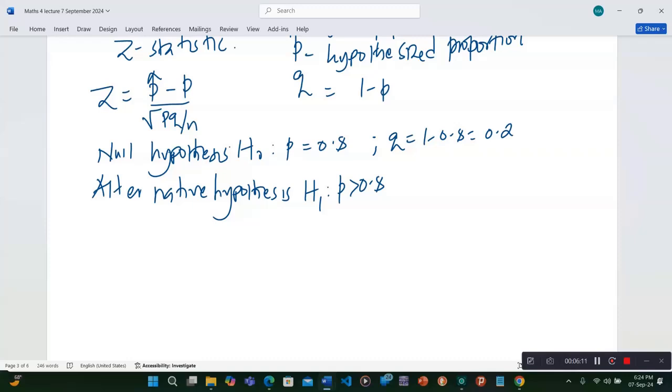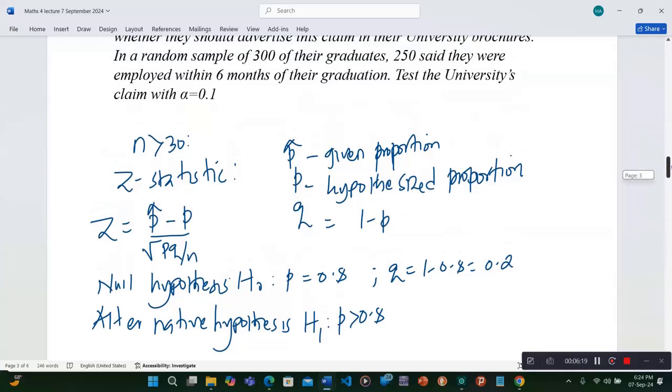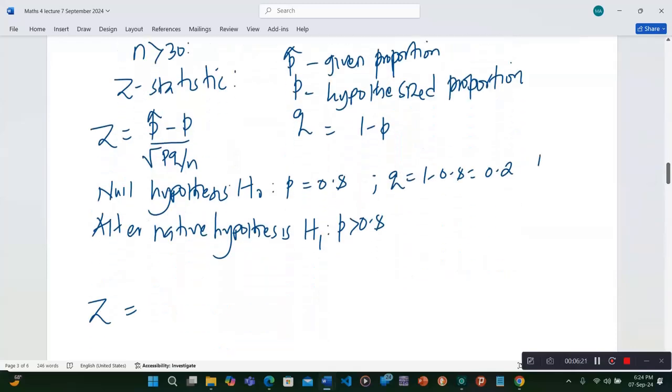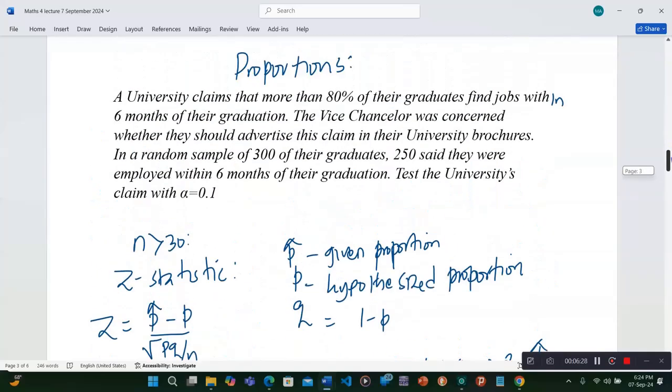So we are going to calculate our Z statistic. What is this proportion p̂ that was done on this sample? 250 out of 300 said they were employed within 6 months.